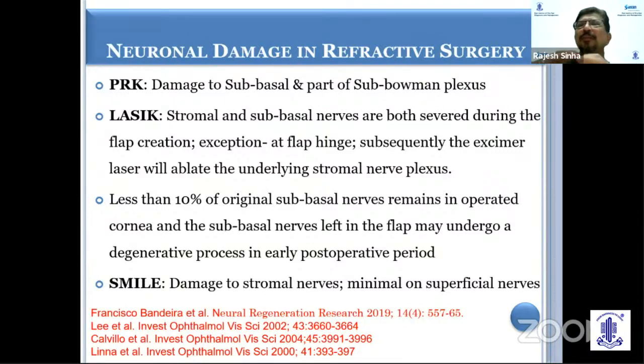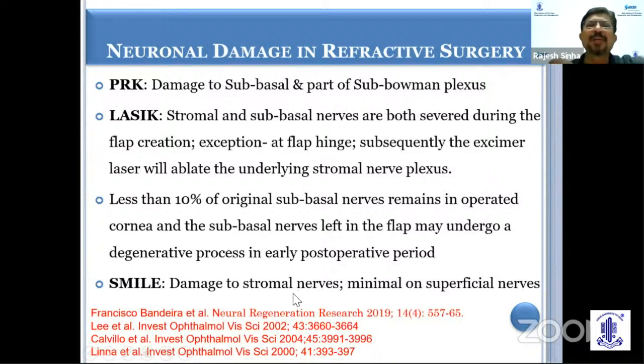So quite a significant amount of denervation is seen in LASIK. It has been seen that less than 10% of the original subbasal nerves remain in the operated cornea, and the subbasal nerves left in the flap may undergo gradual degeneration in the early postoperative period.